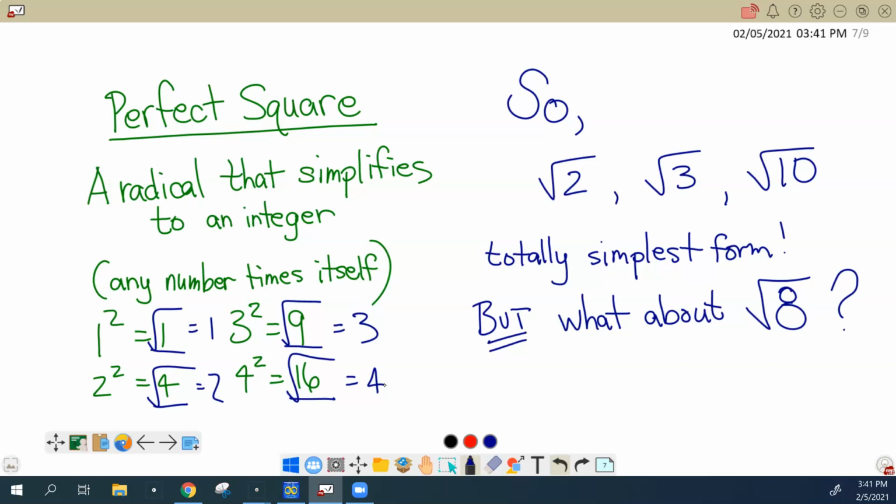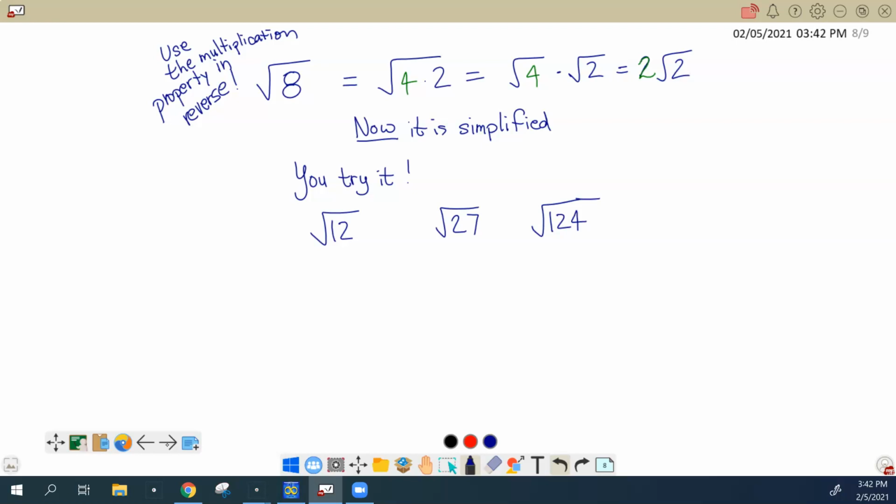So let's apply this to our radicals. You see we have root 2, root 3, and root 10. All of those radicals are already in simplest form. But what about root 8? We use the multiplication property in reverse to break apart a radicand into perfect square factors and radicals that are in their simplest form.